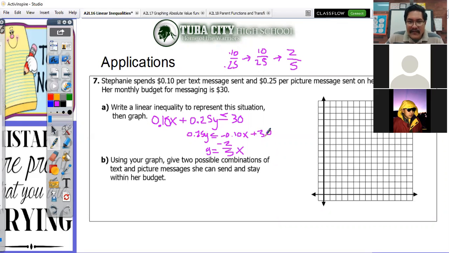Now I have to take 30 and divide that by 0.25. 30 divided by 0.25. I'm going to just use my calculator for this one, and we get 120.